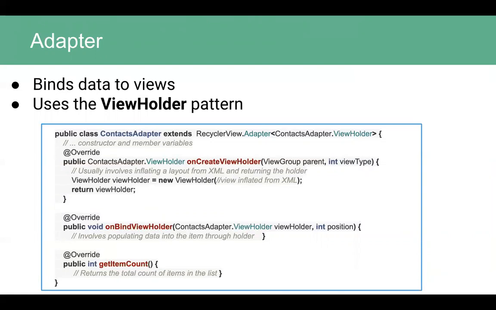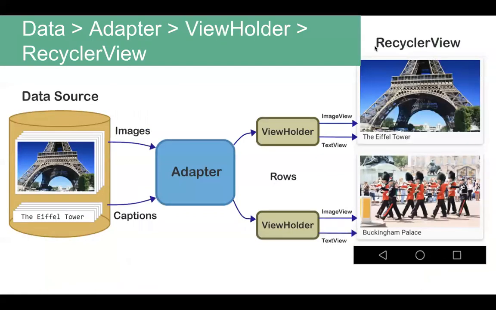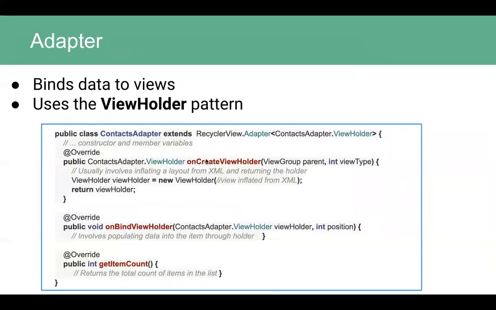So what you will basically be doing is inflating an XML layout of yours. Here, the layout was just an image view and a text view. And so you'd be inflating that so that the adapter knows that there is this layout and it has these two components to it which need data.